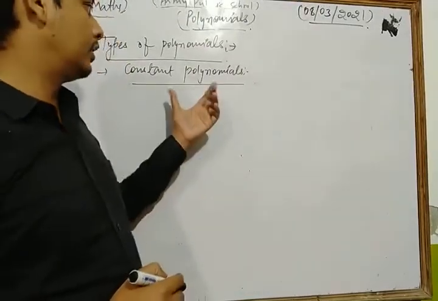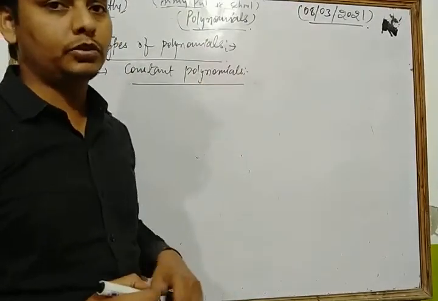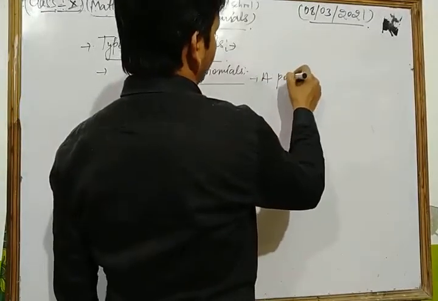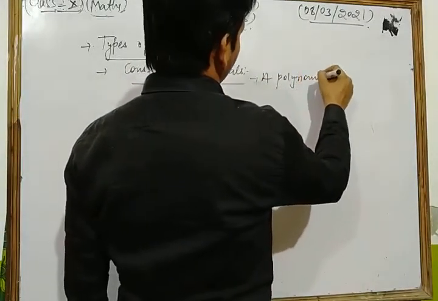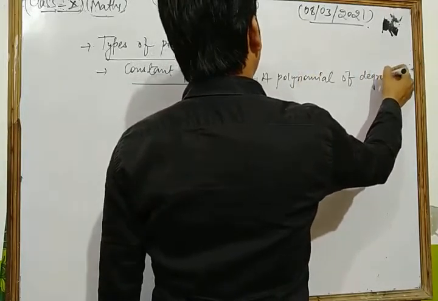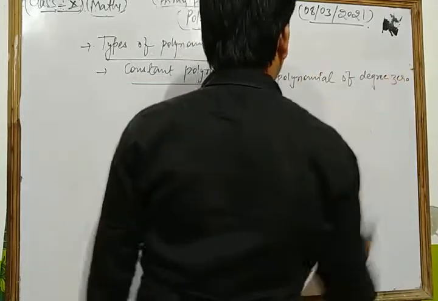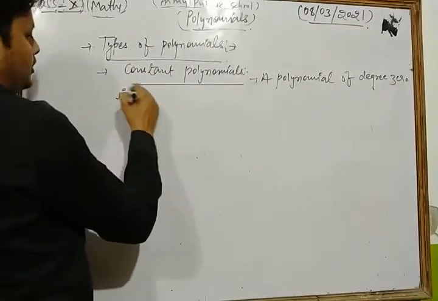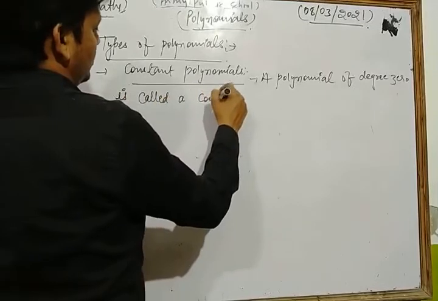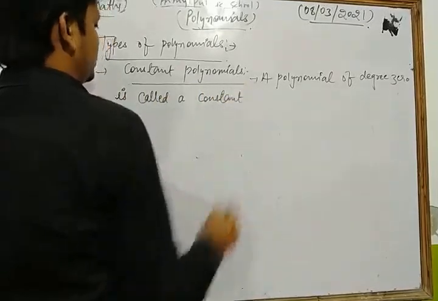Let's see what the constant polynomial is, dear student. A polynomial of degree 0 is called a constant polynomial. A polynomial of degree 0 is called a constant polynomial.